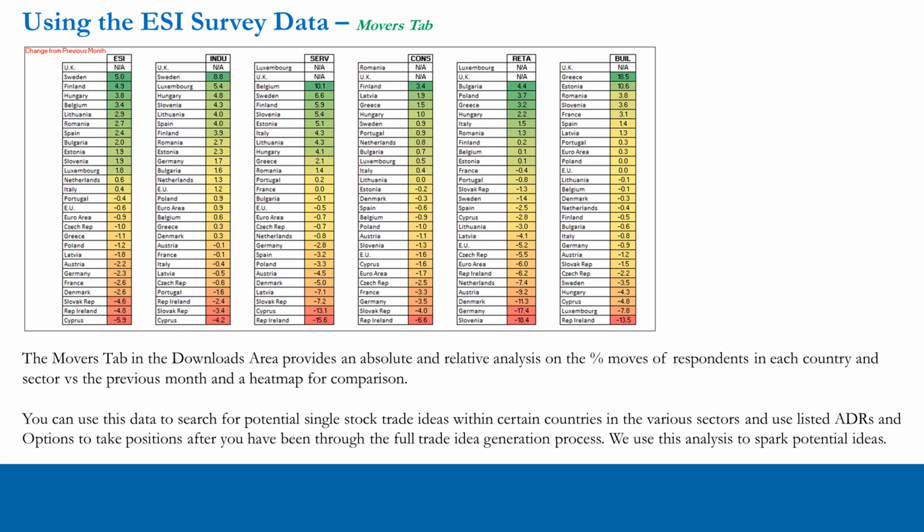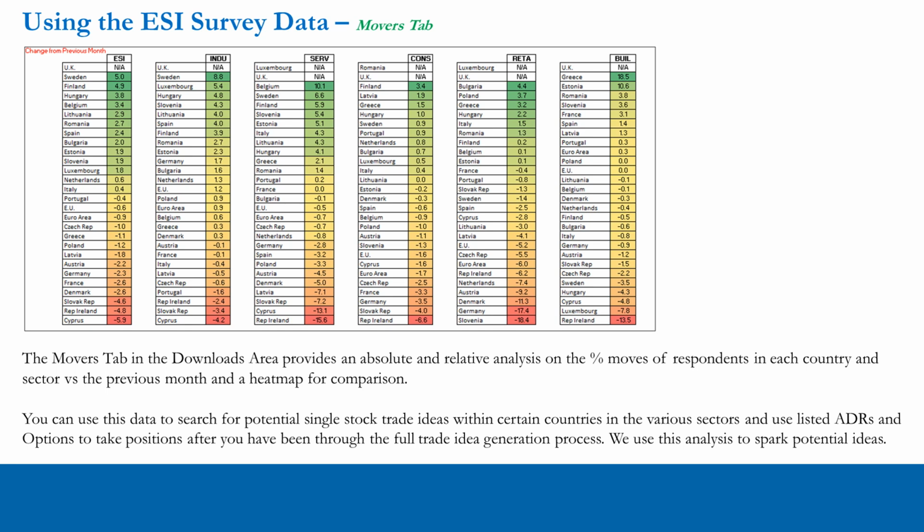We don't rank the movers in this sheet and then look at the data, for example, and say, okay, well, Greek construction is extremely positive in sentiment relative to all other countries, therefore we're just going to buy any old Greek construction stock in Europe and close our eyes and hope for the best. We don't do that, obviously. There's a lot more work to do. But what it should do is spark potential trade ideas.